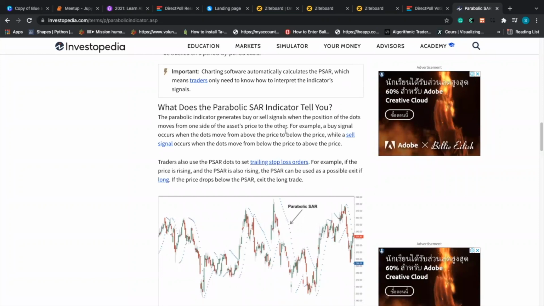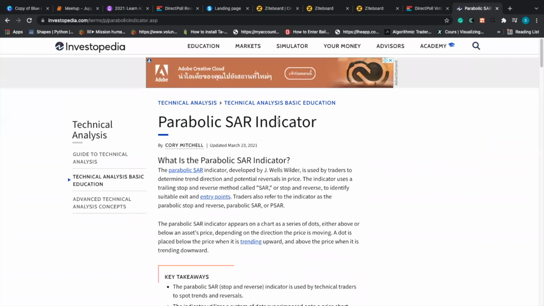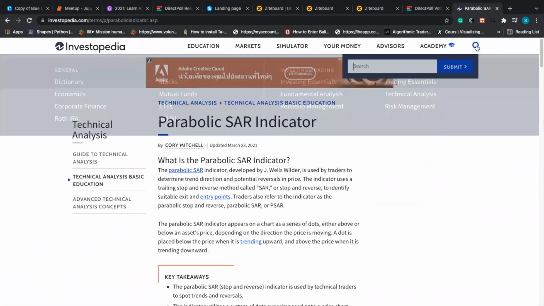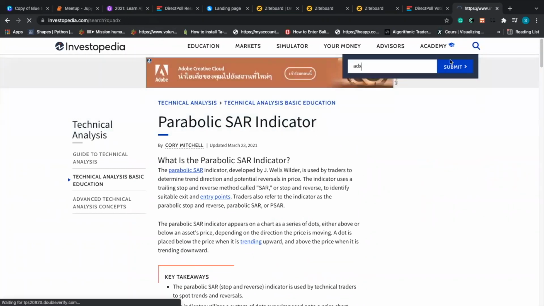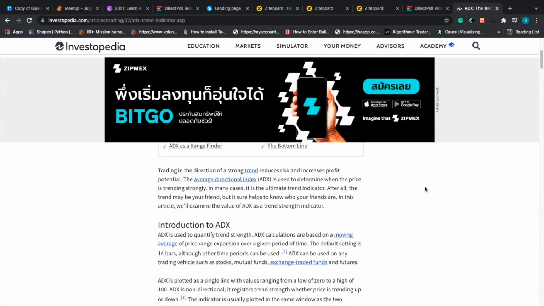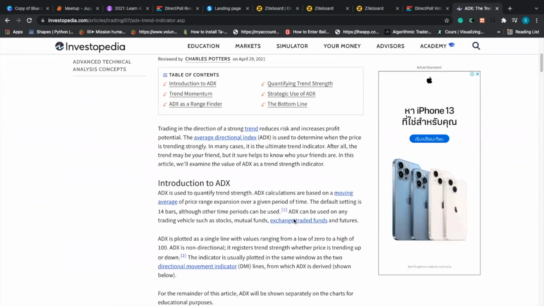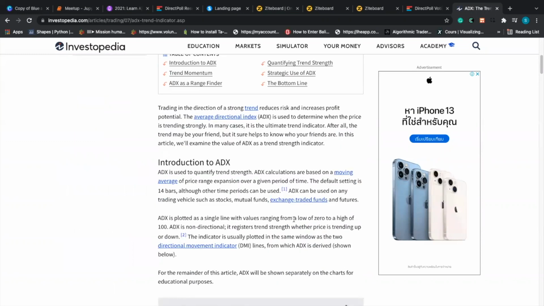And the ADX is another indicator, a strength indicator, which gives you information about the speed of the market and its current trend.